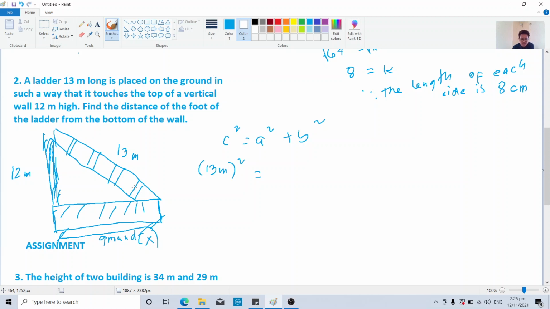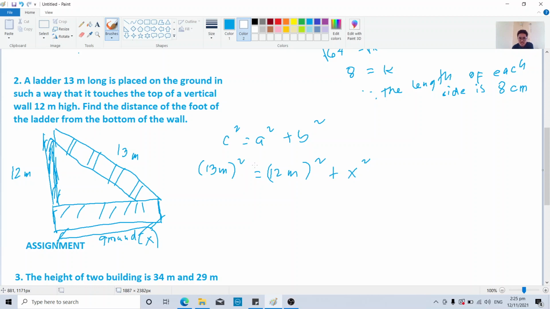Ano yung measurement ng wall? We have 12 meters squared plus itong b, let's say it is x kasi nilet natin yung ground as x meters. Kaya naging x na siya. Huwag makupis sa ginamit na variable.